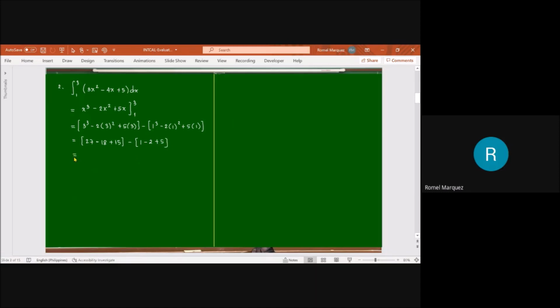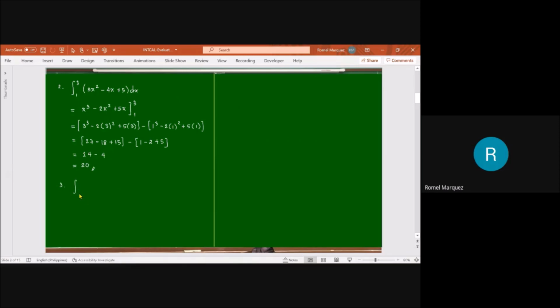Simplifying further, so that is 24 minus 1 minus 2 plus 5. That is 4. So 24 minus 4, that is equal to 20. Okay, guys? So the value is 20. Is that clear, guys?